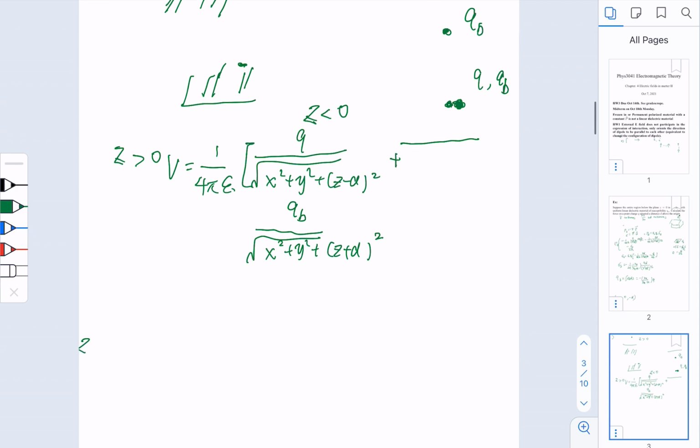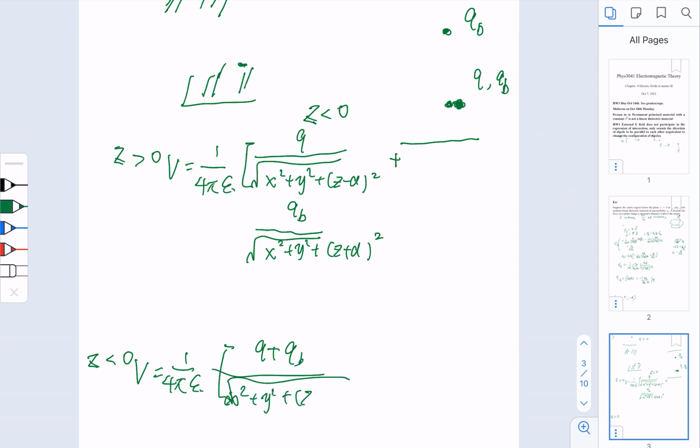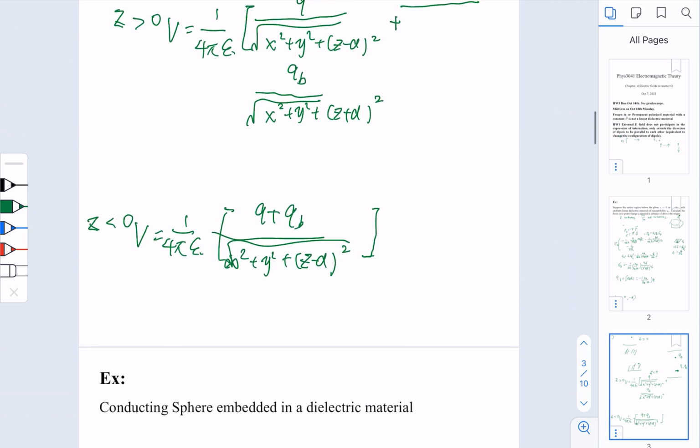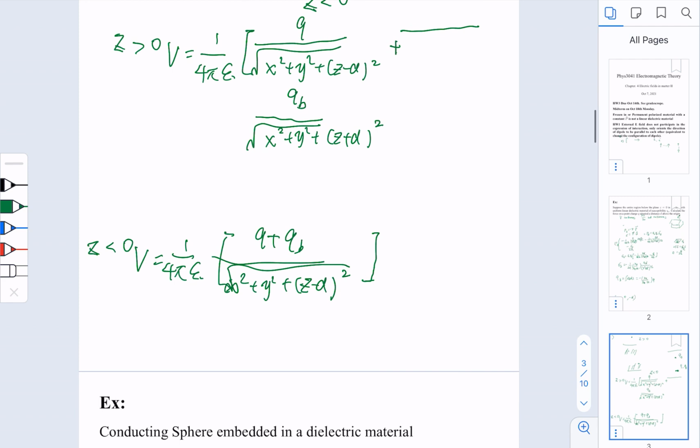Now at z less than 0, since the two charges are at the exact same location, then the V is actually a bit simpler.